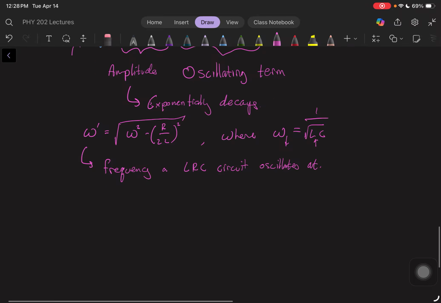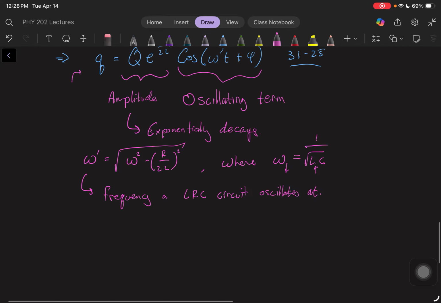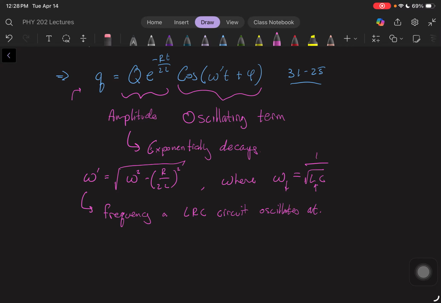Okay, and so we discussed that essentially we get a sinusoid with an exponentially decreasing amplitude.